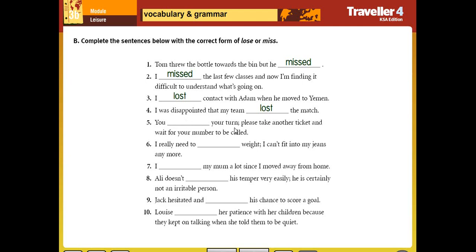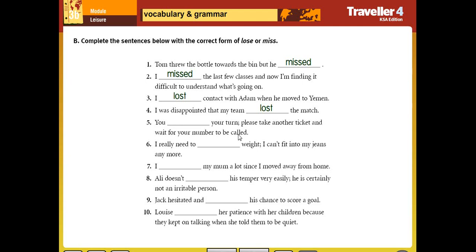Your turn. Please take another ticket and wait for your number to be called. I'll give you a situation. Imagine that you are in a bank and you took your ticket, but there was still a long time, so you went to a cafe.